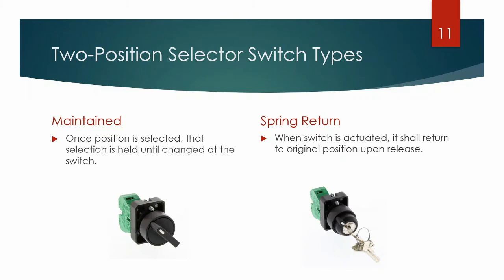For a spring returned 2-position selector switch, this is much like the starting key on an older version of a car. You put the key in the ignition, you rotate it to start. When you let go of the key, it rotates back at least to the on position, and it's no longer engaging the starter motor. That's how this spring return 2-position selector switch would work as well. If it's in the A position and we rotate it to the B position, as soon as we let go, it's going to move right back to the A position.